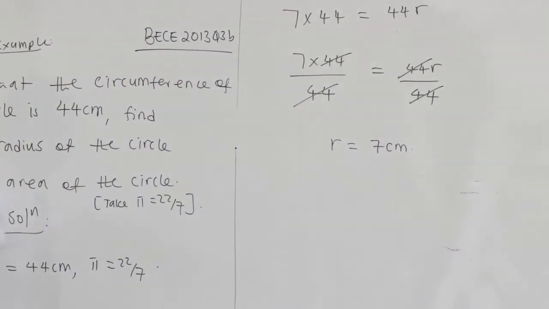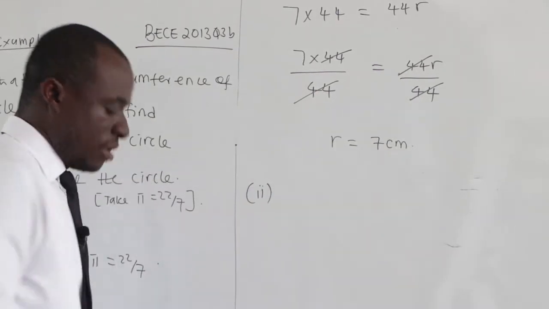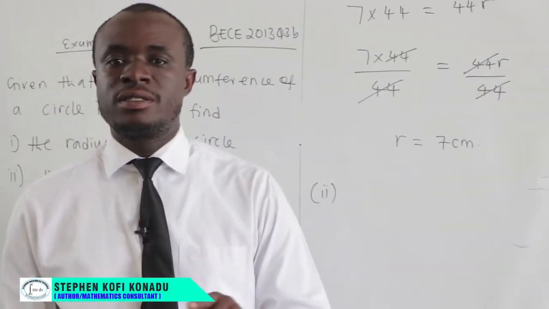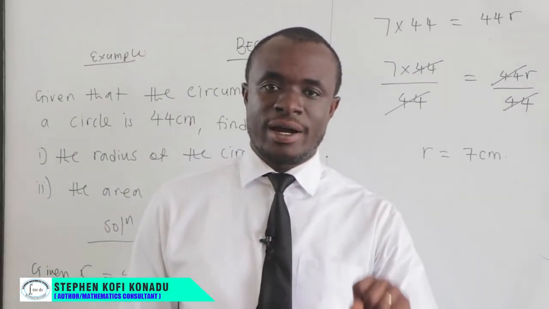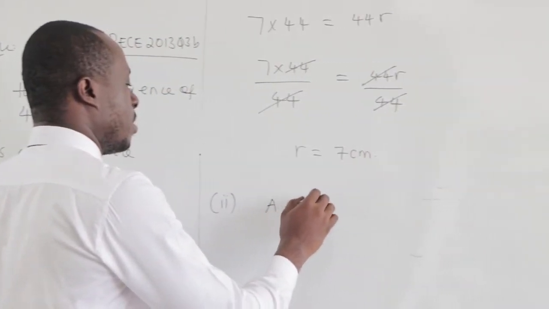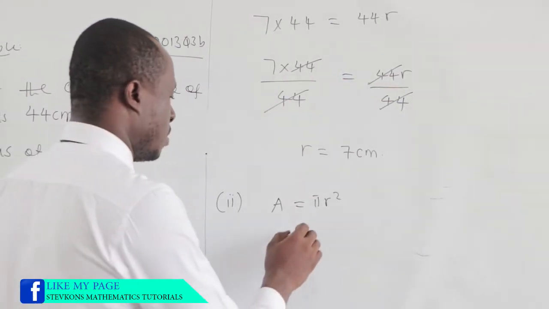Now the second one says you find the area of the circle. What's the formula for finding the area of a circle? Area of a circle is pi r squared. Pi is 22 over 7.